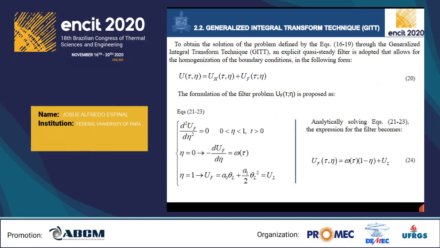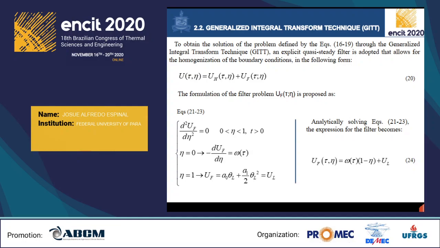To obtain the solution of the problem defined by equations 16 to 19 through the Generalized Integral Transform Technique, an explicit quasi-steady filter is adopted that allows for the harmonization of the boundary conditions. The formulation of the filter problem U sub f is proposed as in equations 21 to 23.